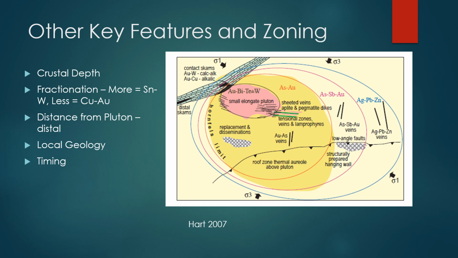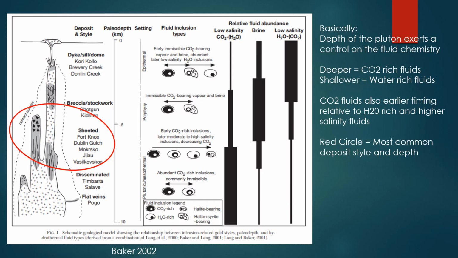Just going back to the crustal depth, it's the crustal depth that affects which fluids we get. The deeper the intrusion is, we tend to get more CO2-rich fluids, whereas the shallower we go, we get more water-rich fluids. And it says low salinity here, but really the water-rich fluids are much higher salinity than the carbonic fluids, which are found at depth. In general, when we remove the CO2 from the fluid phase, we leave behind a water-rich magmatic fluid that can gain salinity over time and become more like a brine.